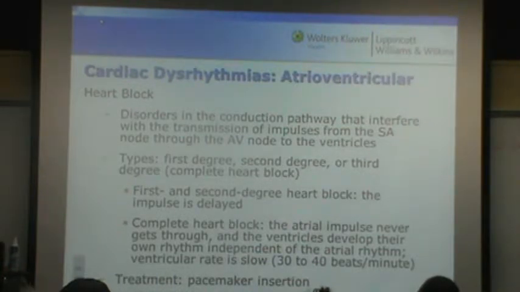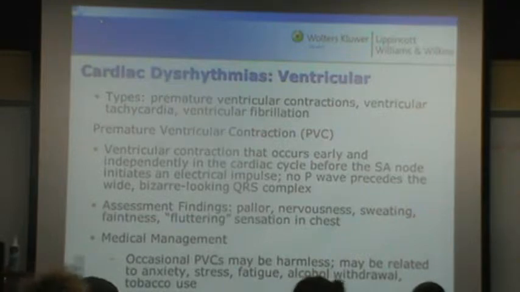And with that one, generally, rate's going to be 30 to 40 beats per minute. They're going to be really slow. These patients are often going to be symptomatic. And basically they're going to need a pacemaker for especially second and third degree heart blocks. A lot of people walk around with first degree heart blocks all the time, no big deal.